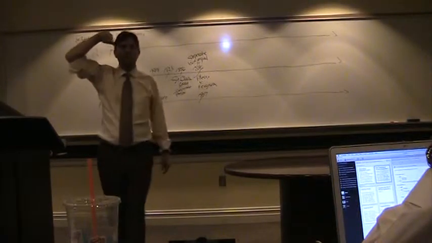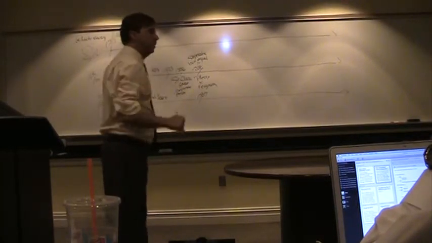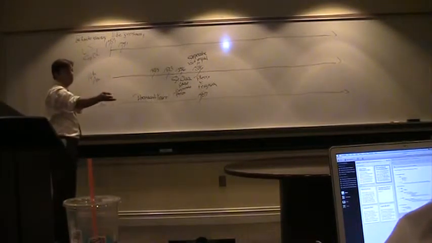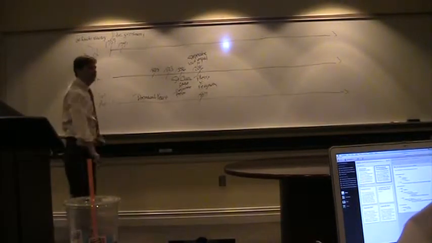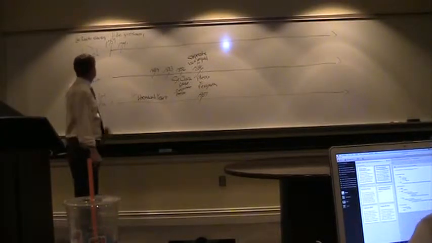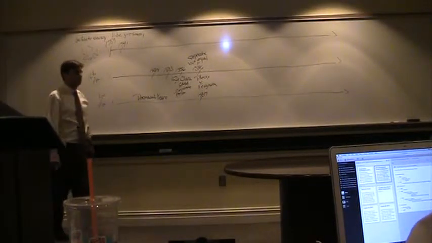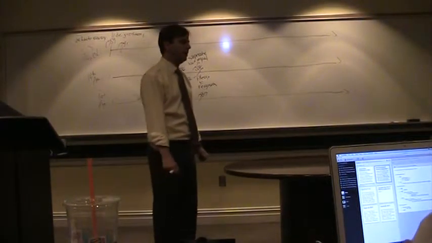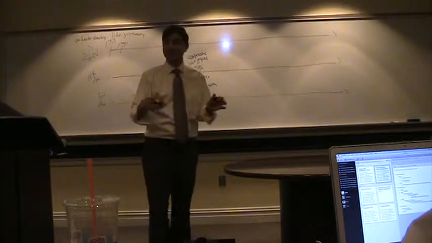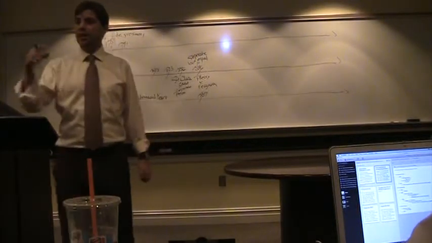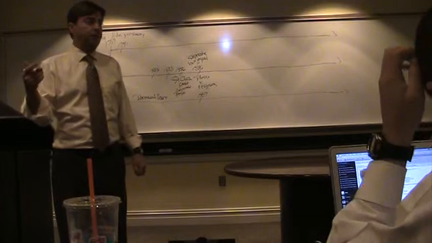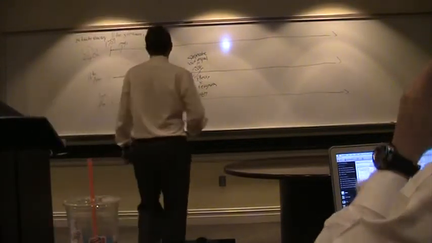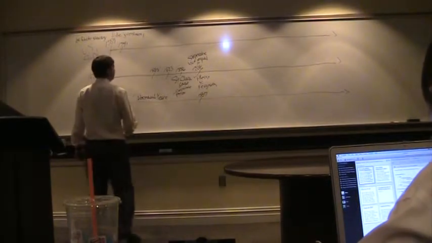Yes, de jure is by law, de facto is just, it's a fact, just by the facts on the ground. So slavery existed, but we had not said anything about it in the Constitution or in our constitutional system because we didn't have a Constitution yet. Then we get a Constitution in 1789, which instantiates slavery as a matter of law.